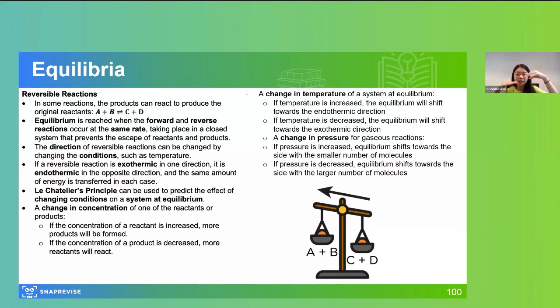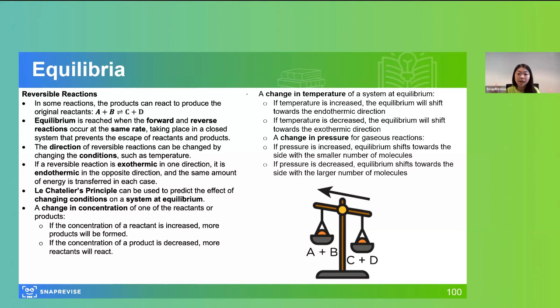If there's so much here, you want to balance it back by creating more here. So if the concentration of reactant increases, products are going to increase. If the concentration of a product decreases, more of the reactants are going to react, so the product will go back up. That's the understanding of concentration in equilibrium.